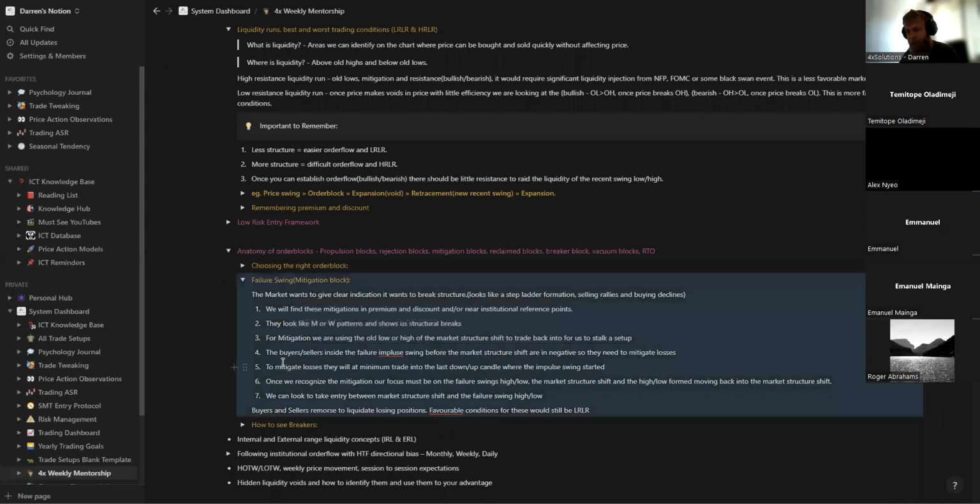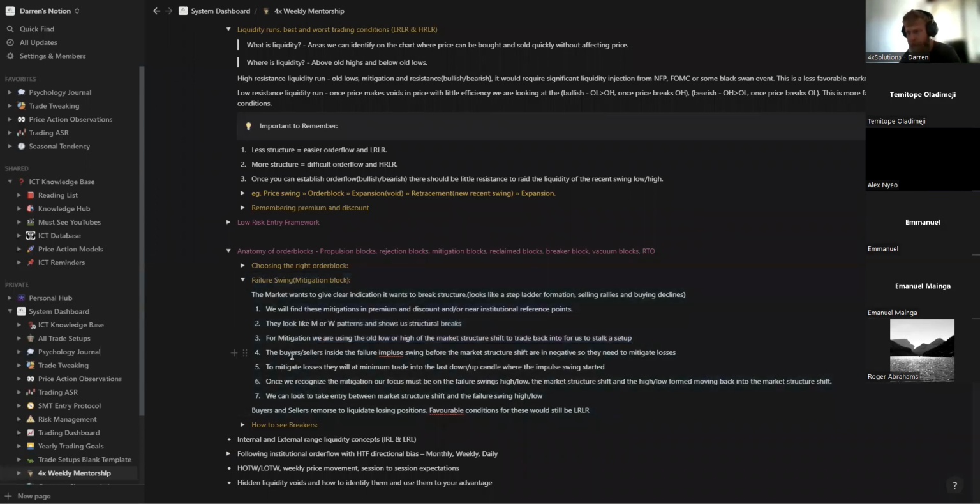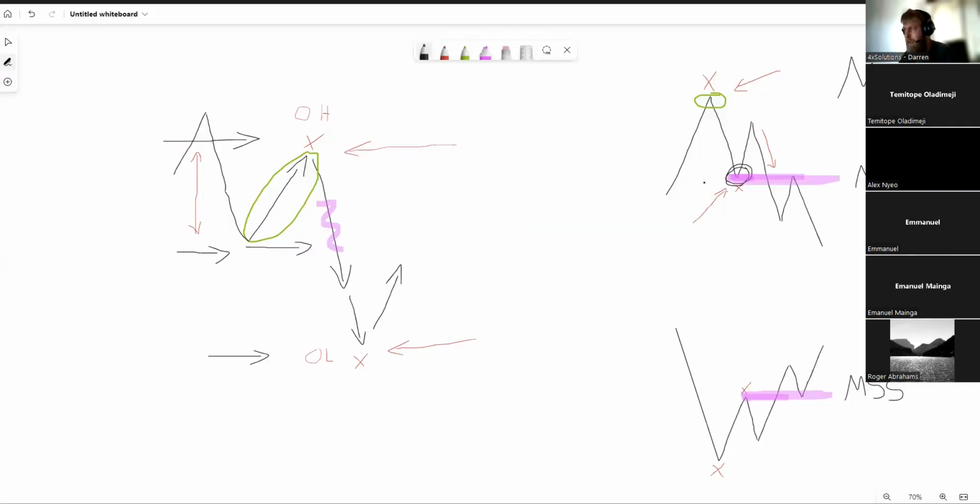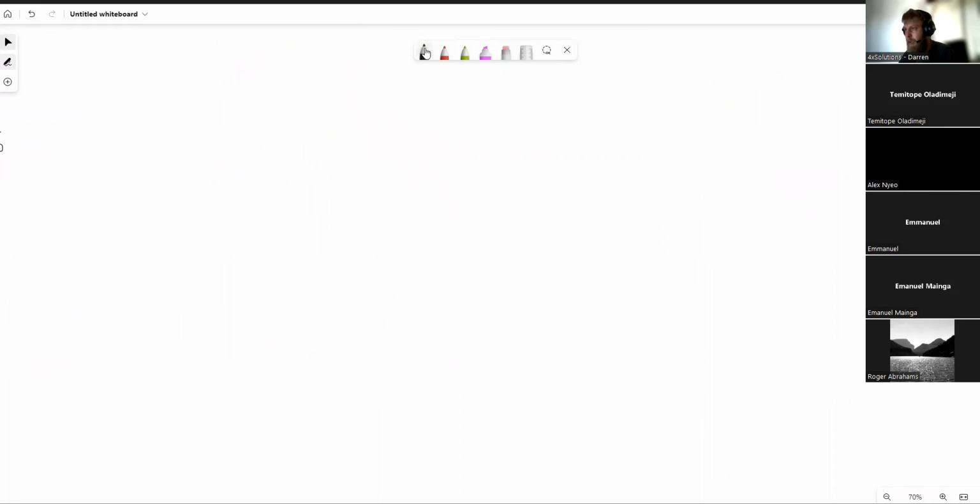Okay, so like we said here, the buyers or sellers inside the failure impulse swing before the market structure shift are in negative, so they need to mitigate their losses over here. So essentially what we're saying is that if we draw this out again, when price buys, and maybe it came from some other swing low, and then price buys and buys, and then it goes to a high, it stops going higher, it goes lower to retrace.